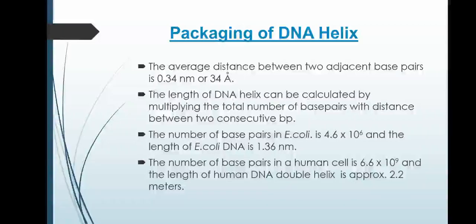We know that the average distance between two base pairs is 0.34 nanometer or 3.4 angstrom. So if we know the total number of base pairs in DNA, we can calculate the total length of the DNA by multiplying the total number of base pairs with the distance between two consecutive base pairs.